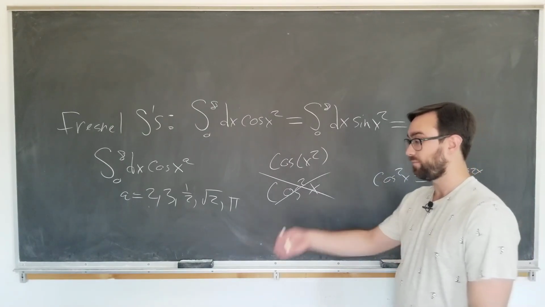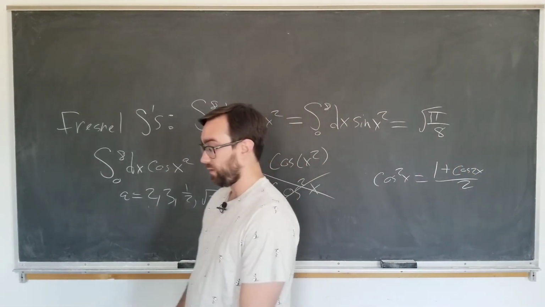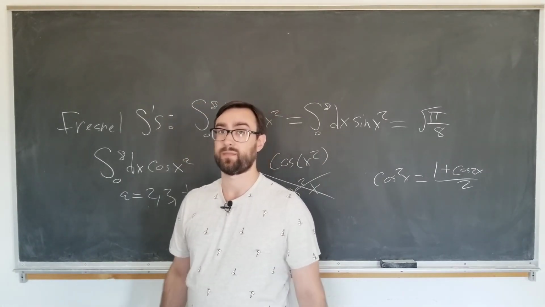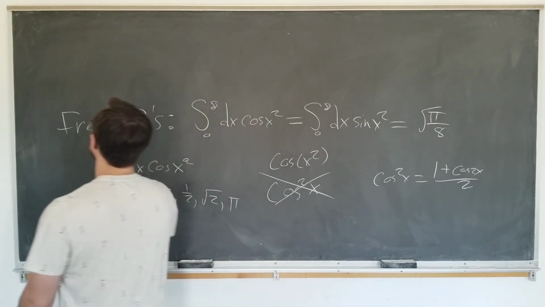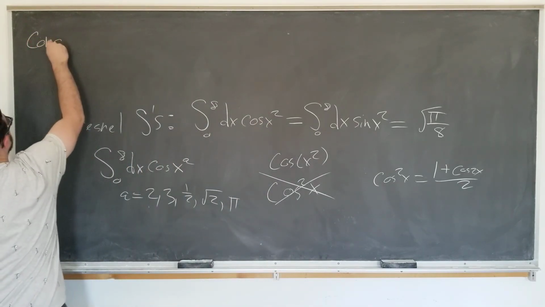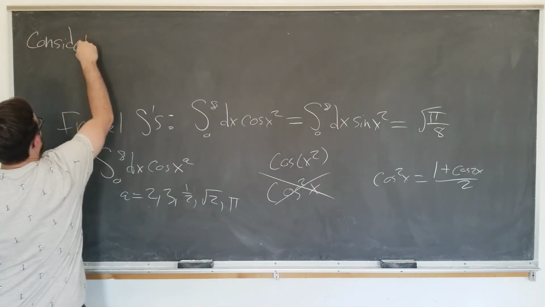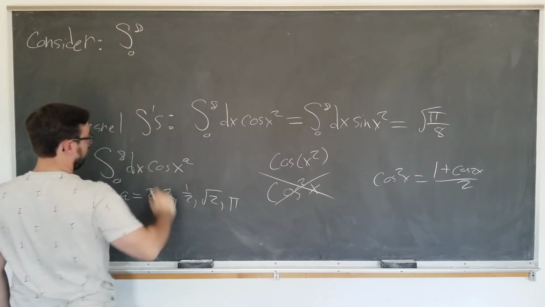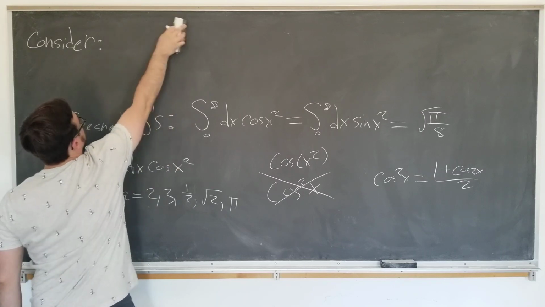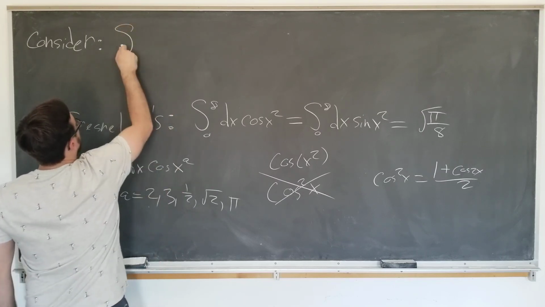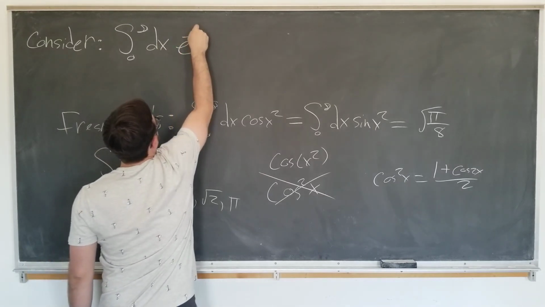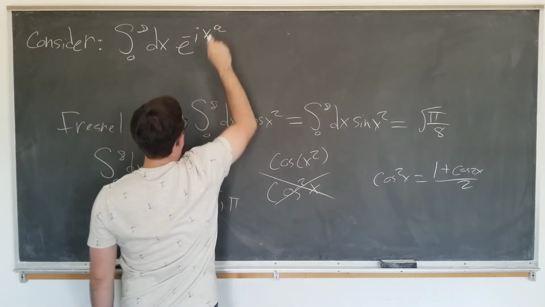So let's begin. In typical physics style, we are going to use complex numbers and consider a somewhat simpler integral. We're going to consider this integral, from 0 to infinity with respect to x of e to the minus i x to the a.